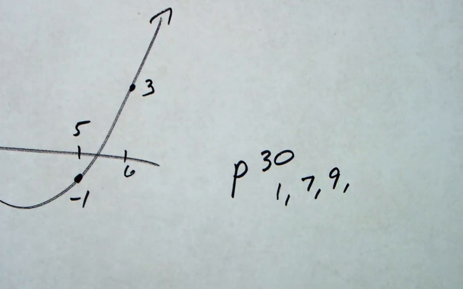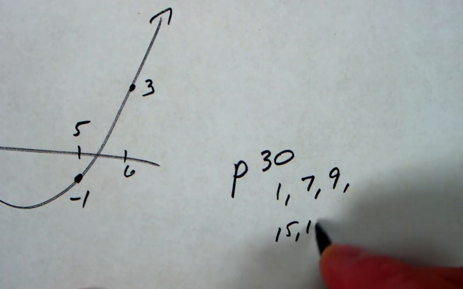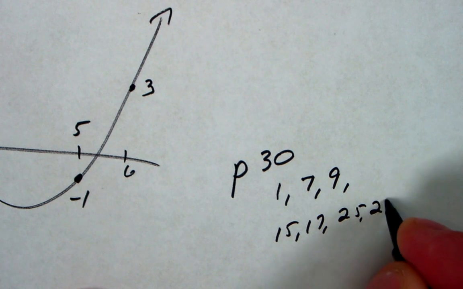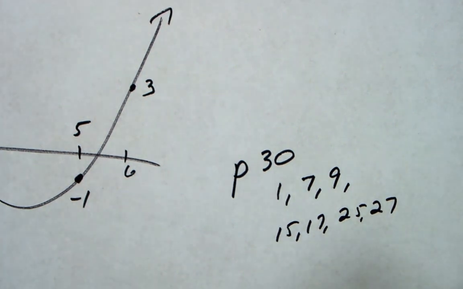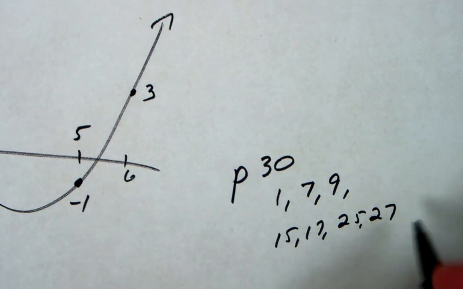Look back at the example in the book. They outline it really well. 15, 17, 25, 27. And you know what? 25 and 27, we haven't talked about that yet. But I want you to do your best on 25, 27.